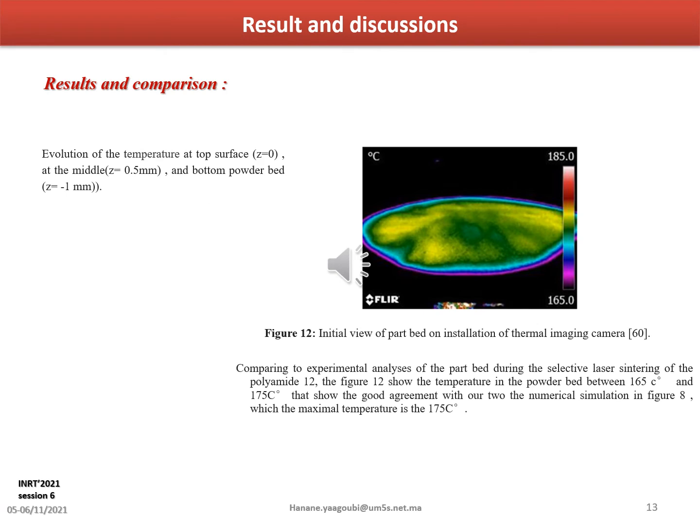As the result, we compared our evolution of the temperature at the top surface of the powder bed of polyamide 12 by the meshfree method and also with the COMSOL software. We compared this to the experimental analysis of the powder bed during selective laser sintering in figure 12, which shows the temperature in the powder bed between 165 Celsius and 175 Celsius, showing good agreement with our tuned numerical simulation, in which the maximal temperature is 175 Celsius.